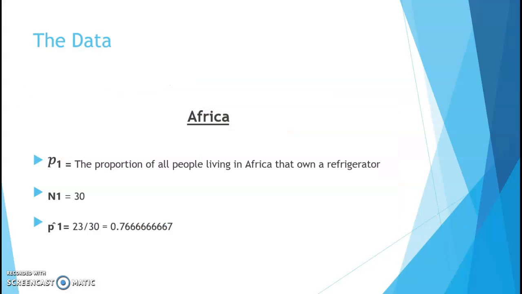Looking at the data for Africa, the population proportion is p1, the proportion of all people living in Africa that own a refrigerator. The sample size for Africa was 30, and the sample proportion is p-hat 1, which is 23 over 30.